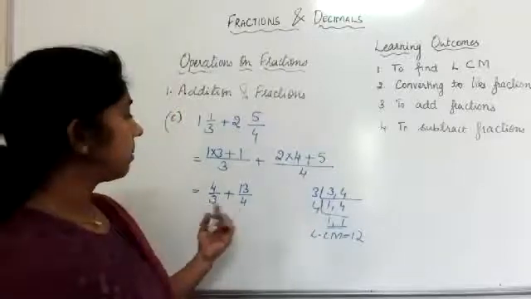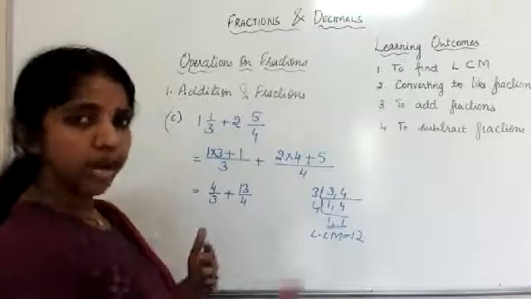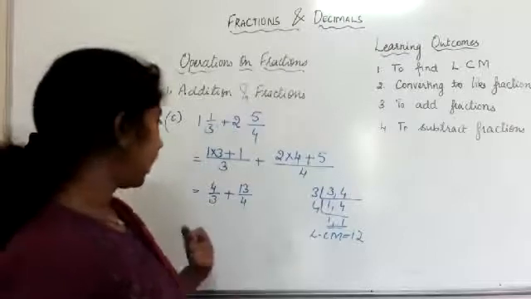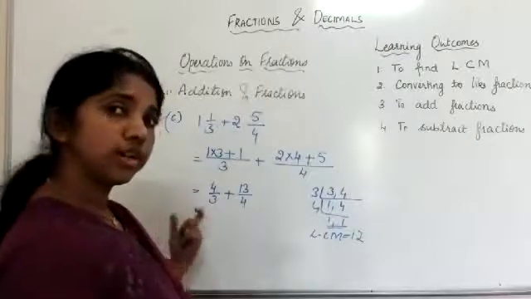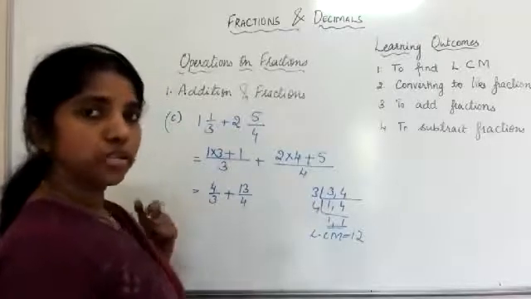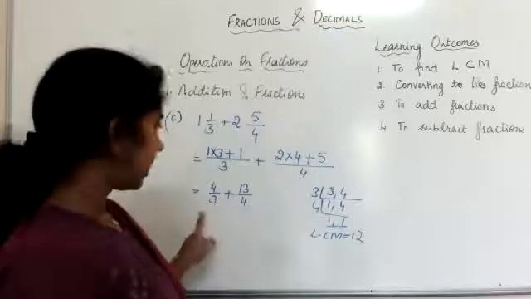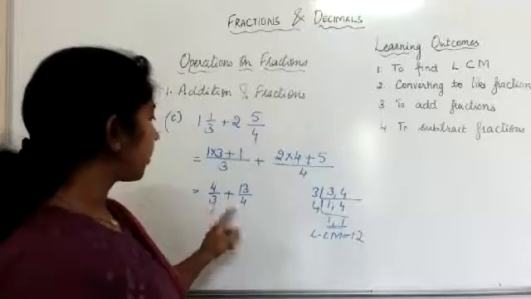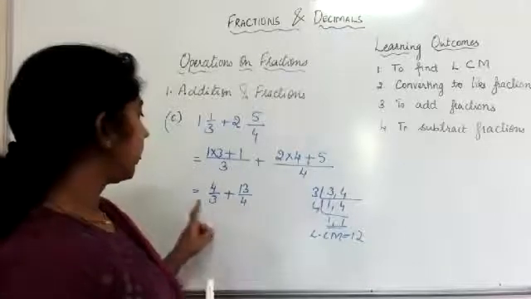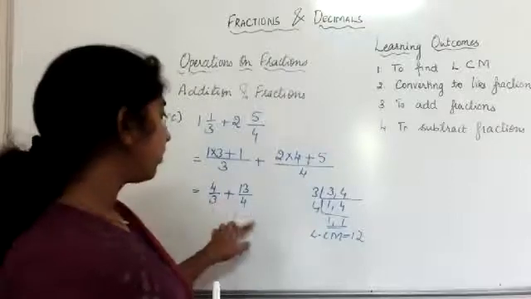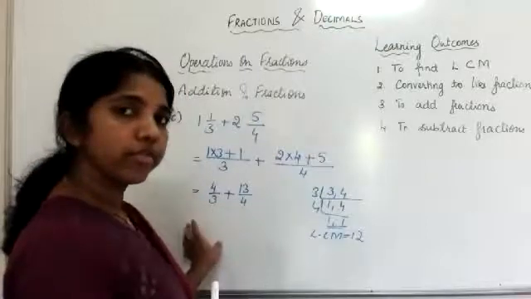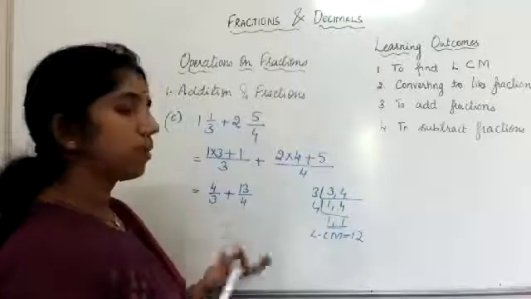So how to find the LCM there? When the denominators are different, when you have unlike fractions, and one of the denominators is a prime number, if one of the denominators is a prime number, and you don't find any common factor because the other number doesn't become a multiple of it, here 3 and 4, do we have any common factor?